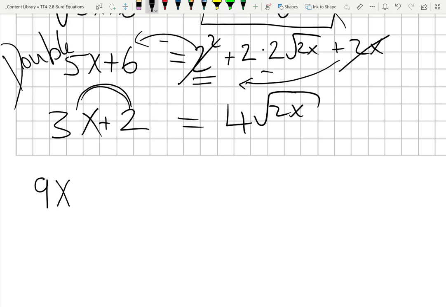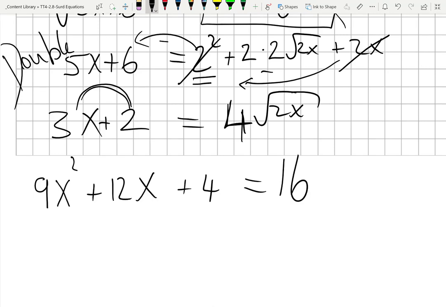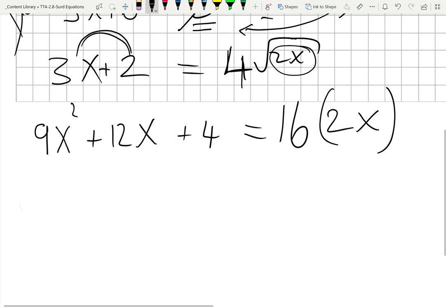Get your cross product, simplify to 6x, double to 12x. That should have been a square. And square the last. Square the 4. And square the radical, which just leaves us with the radicand.